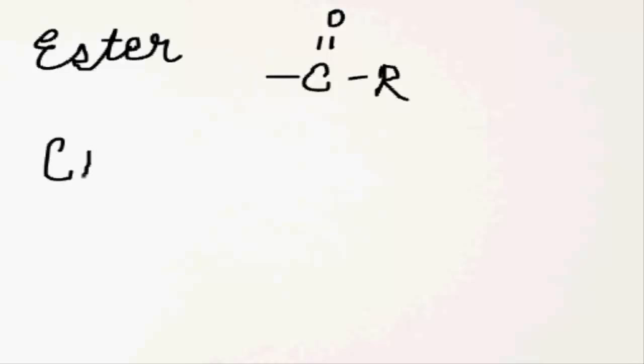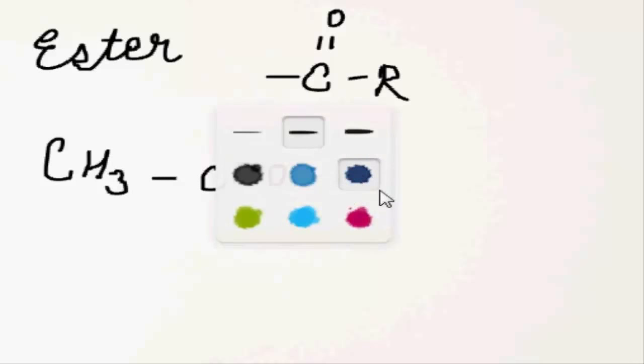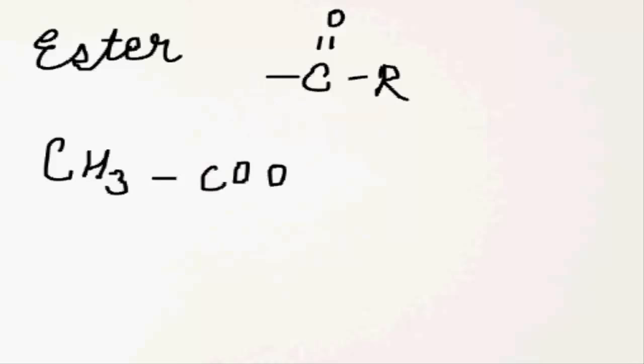The first member will be CH3COOCH3. This is methyl ethanoate.